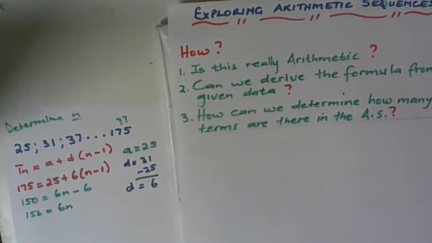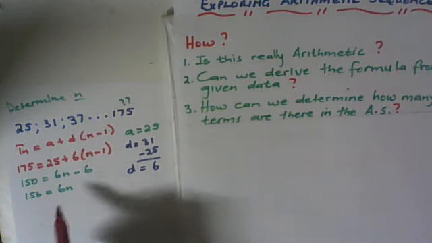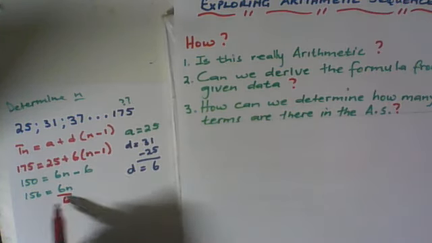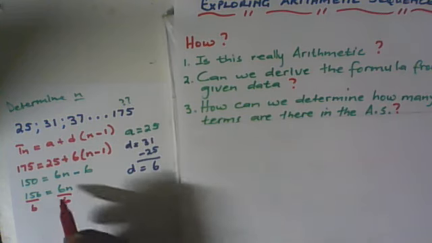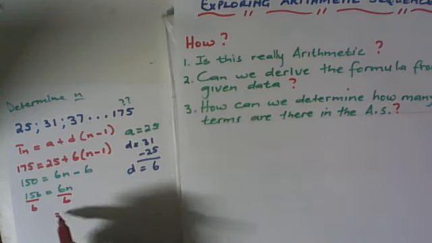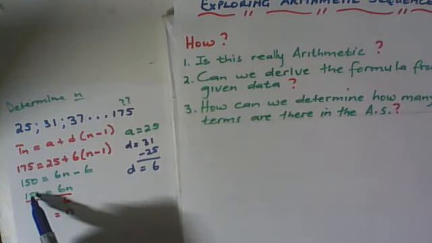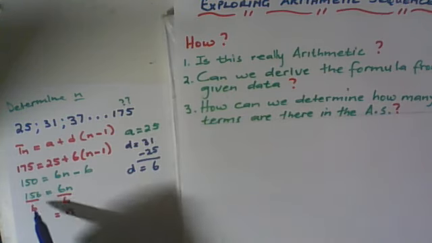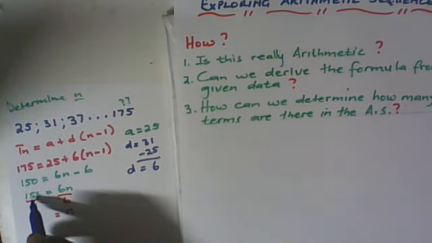And then what are we supposed to do next? Yes, we divide both sides by 6. And what do we get? Here it's n, which is equal to 156 divided by 6. Into 15, we have 2. That makes 12.